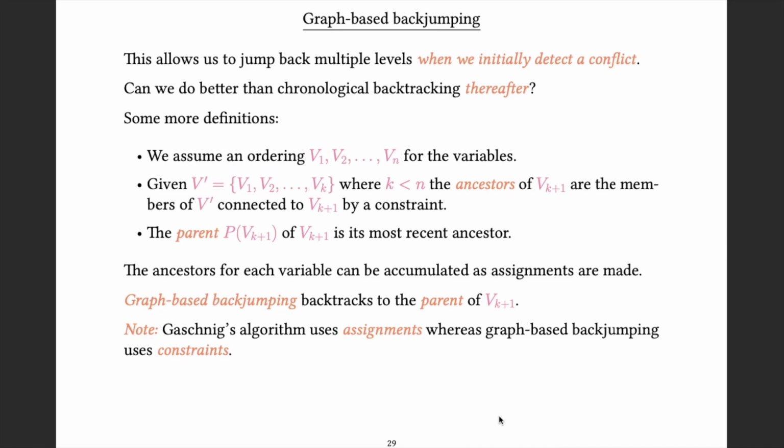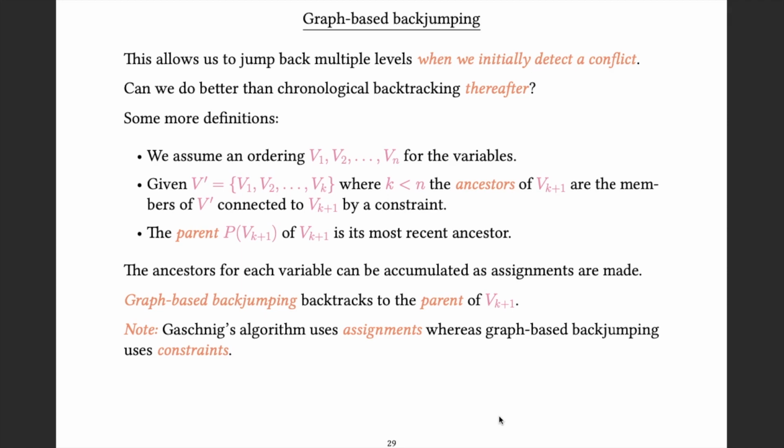If I've got a list of variables that have been assigned, k of them, v1 up to vk, in a set, in this case v prime, and I am interested in assigning something to the k plus 1th variable, I define the ancestors of the k plus 1th variable to be the subset of variables 1 up to k that have a constraint with variable k plus 1.